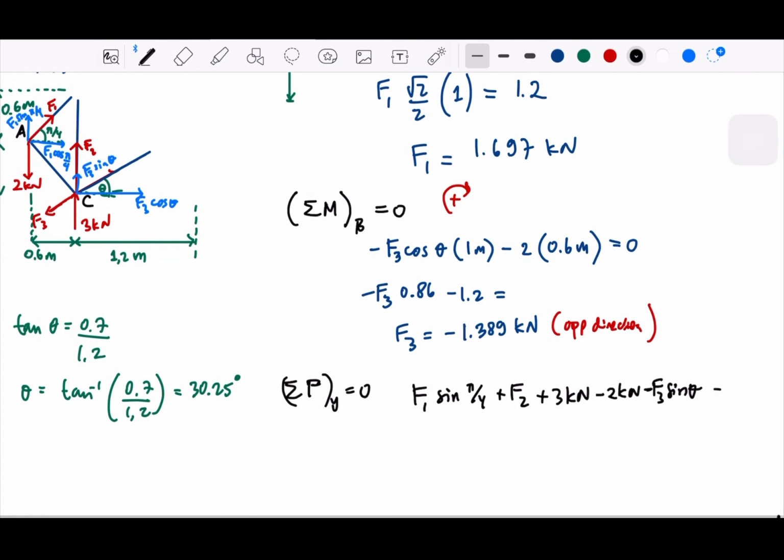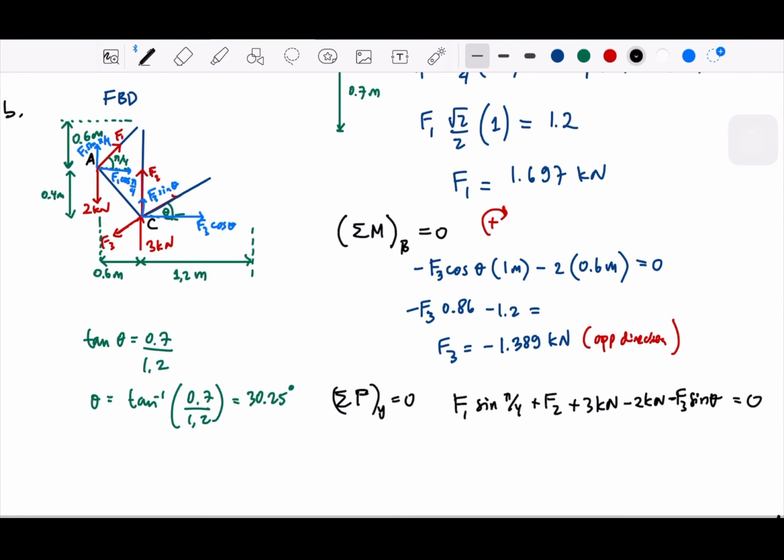Okay, so this will be equal to 0. Okay, so F2 is negative 1 kilonewton, and then F1 sine pi over 4, this is 1.19.